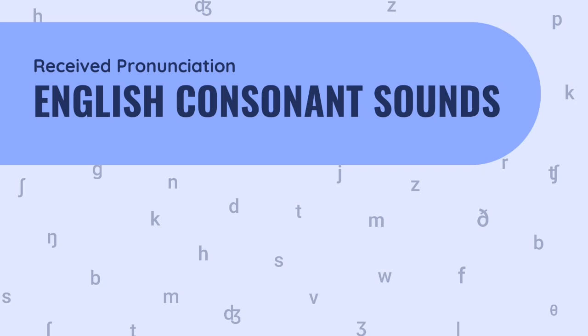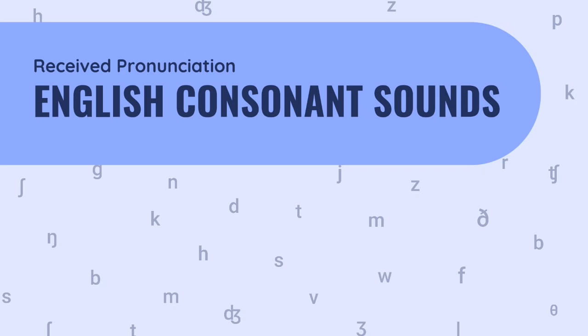Of all the 44 speech sounds in English, there are 24 consonant sounds. These 24 consonant sounds are the sounds that we want to talk about today. Consonant sounds play a very crucial role in learning language, in our spoken English, and they help us to form words and convey meaning day by day.